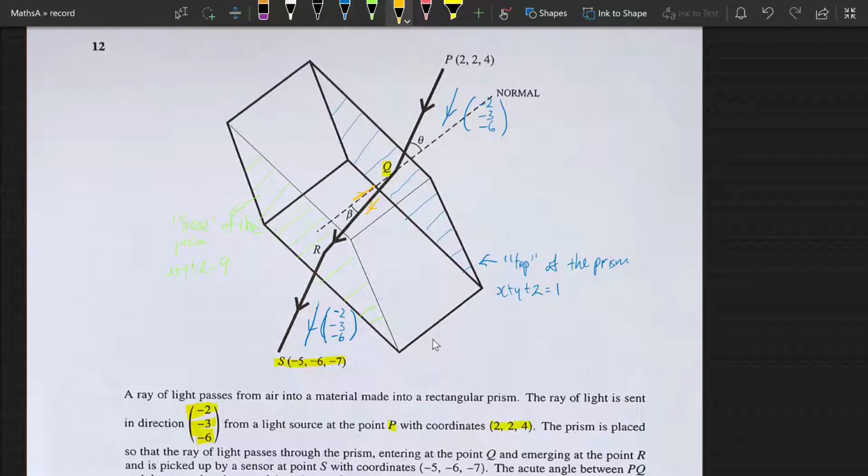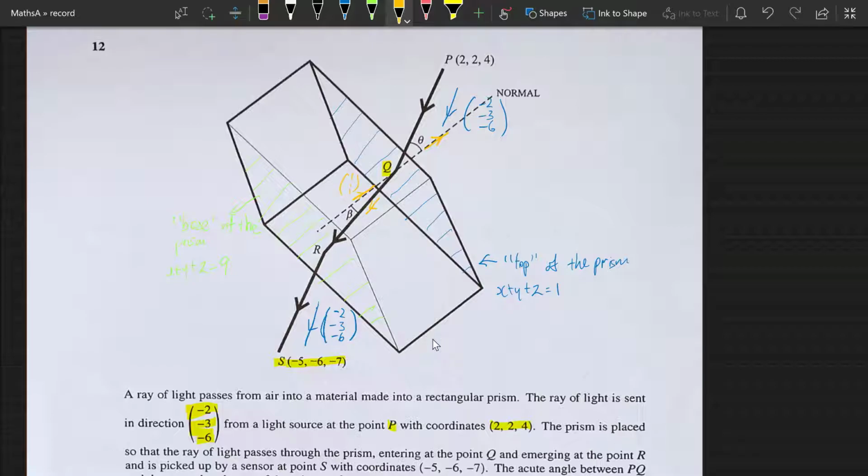Just for completeness, with the direction vector -2, -3, -6, the normal vector is pointing out like that. Remember, the normal vector always points out from the plane. If we define the top of the plane like this, we define the outside like this. So when you dot these two vectors, this one is still 1, 1, 1.